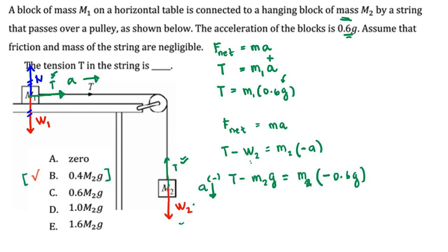We want to express tension, which is being asked in the problem, in terms of M2 and g. Simply looking at the second equation and transposing this term to the other side of the equation, we get tension is equal to m2 times negative 0.6 g plus m2 g.